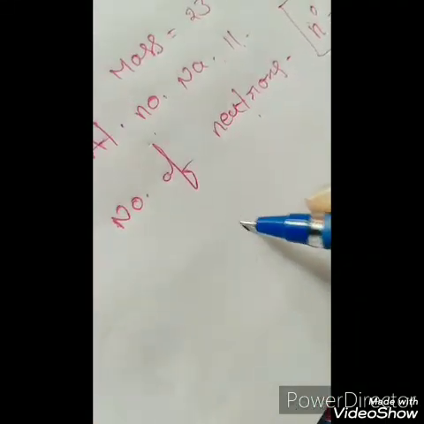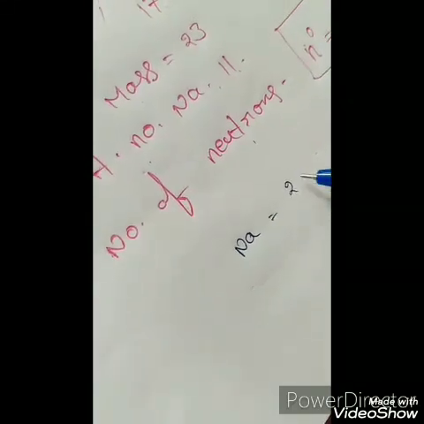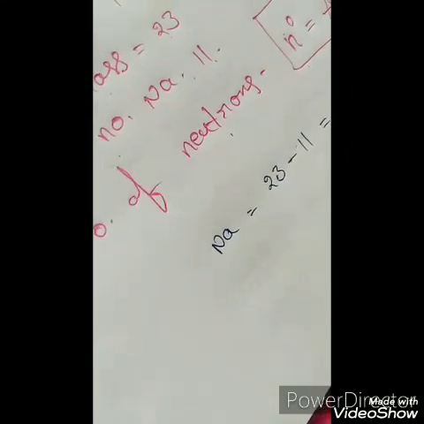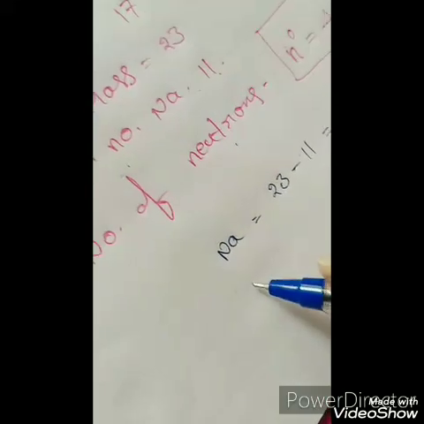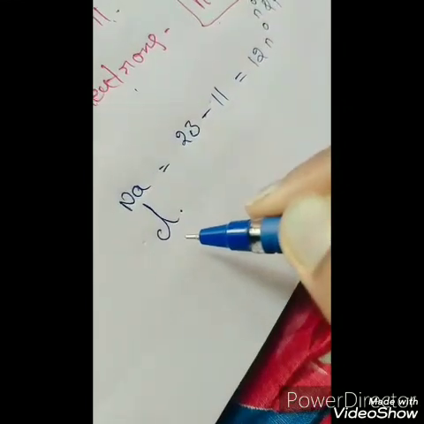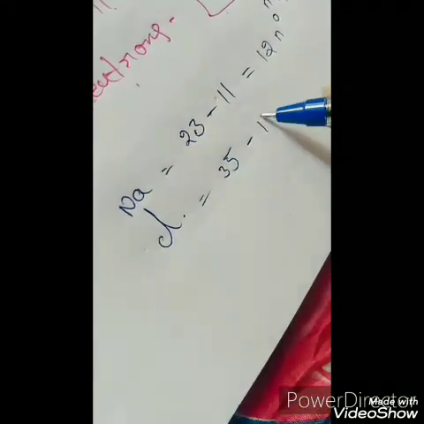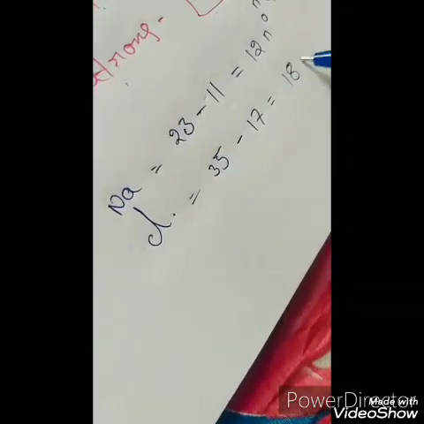Let us calculate. The number of neutrons of sodium atom is equal to the mass number 23 minus 11, so 12 neutrons. Like that only for chlorine also, the mass number 35 minus 17, nothing but 18 neutrons.